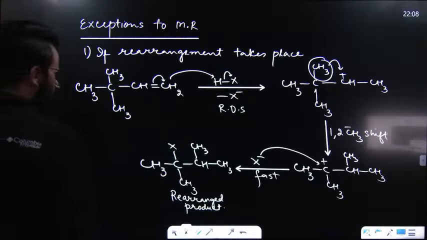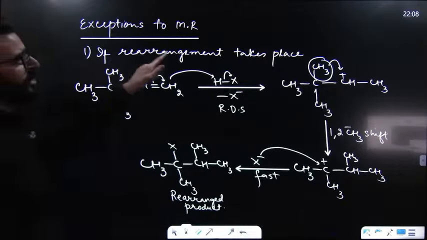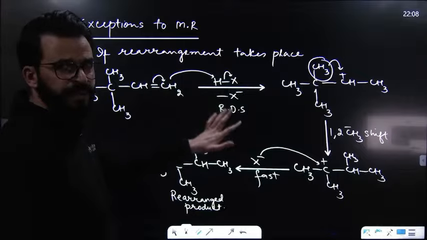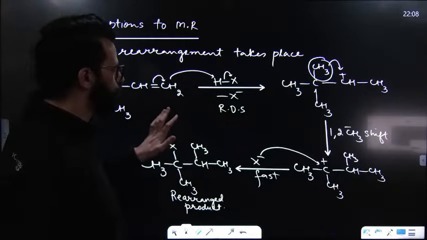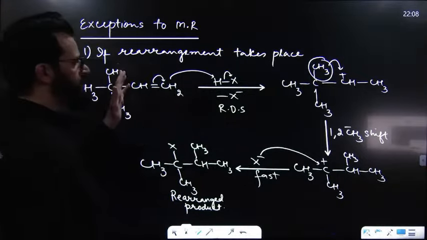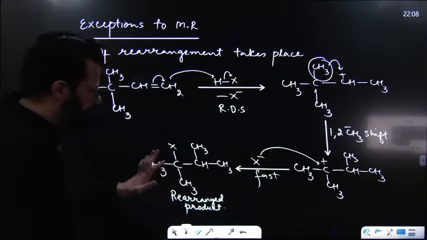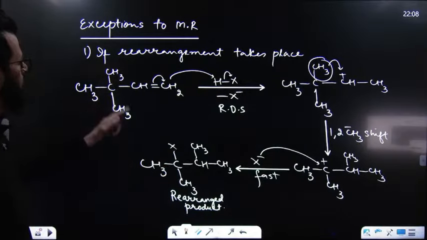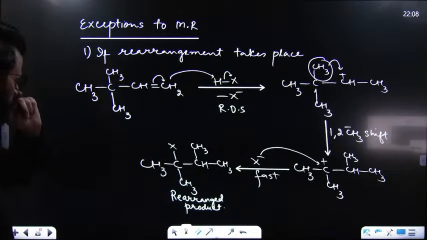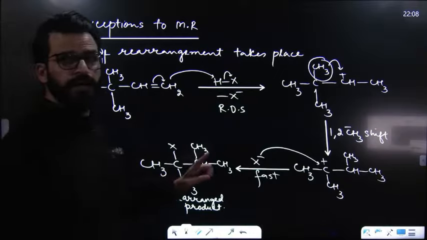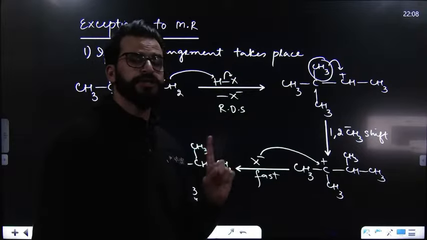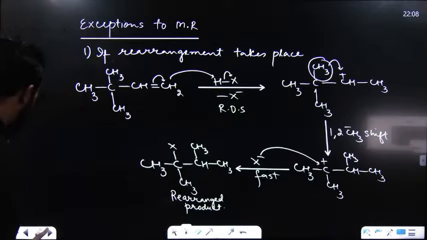Now, after this, if rearrangement takes place, at that time the statement of Markovnikov's rule gives one product, but in actual sense the major product will be another. That means here the major product is not according to the statement of Markovnikov's rule.